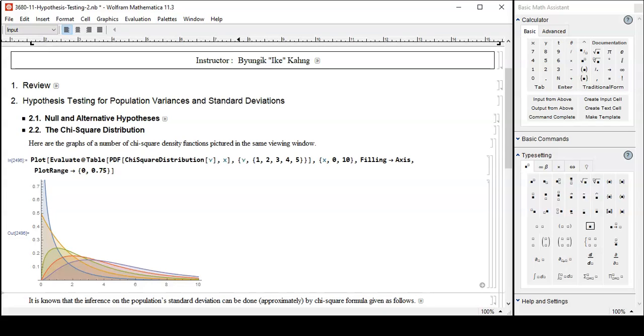As you can see, as the degree of freedom increases, the graph retreats to the right. And from the degree of freedom 2, the graph starts from the origin, goes up and comes down. In any case, we have the horizontal asymptote of y equal to 0 to the right.